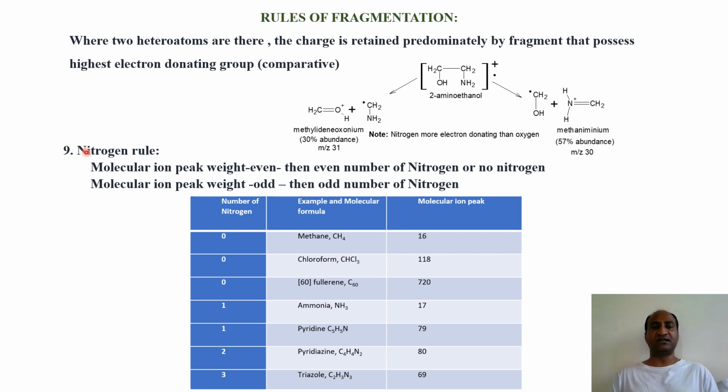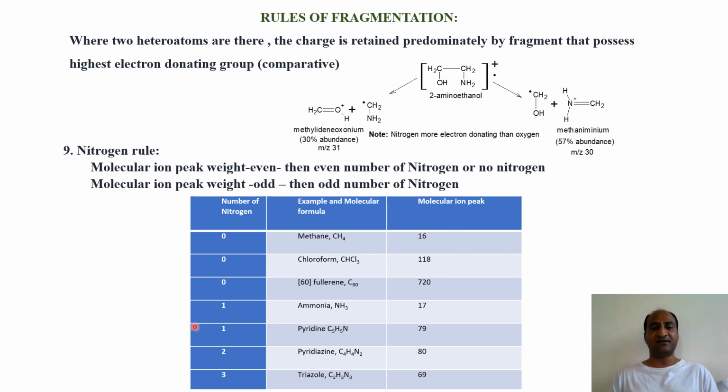Then another rule is the nitrogen rule. The nitrogen rule is based on electron impact ionization. Whenever in the mass spectra we are getting the molecular ion peak weight as an even number, then it has an even number of nitrogens or no nitrogen. If the molecular ion peak is an odd number, then there will be an odd number of nitrogens.